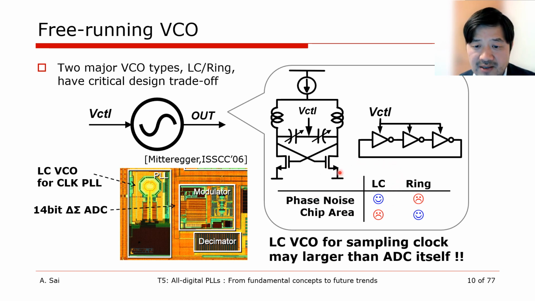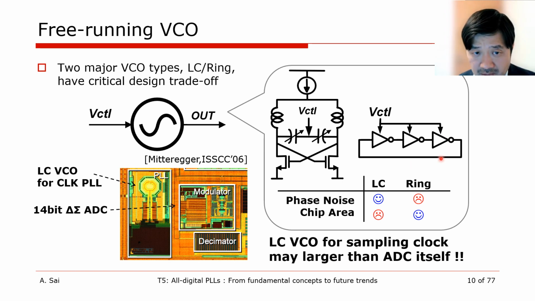LC has low phase noise because the resistance value that causes positive feedback loss is very low. The area is large because it requires a spiral inductor with metal wiring. On the other hand, the area of a ring VCO is small because it can be realized only with transistors such as inverters. However, the phase noise is poor due to large loss of positive feedback.